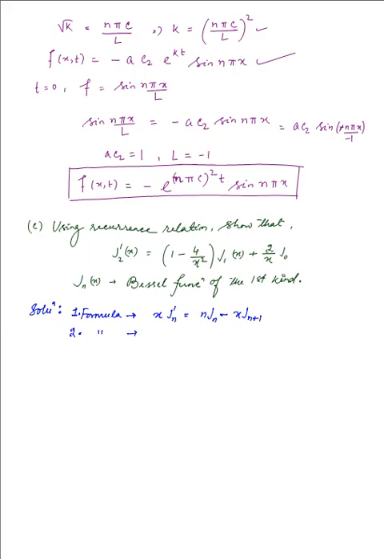Now the second formula involves the Bessel function in the form x Jn prime equal to minus n Jn plus x times J n minus 1. As you can see, these two formulas will be handy to obtain the result. We also have a third formula, 2 Jn prime equal to J n minus 1 minus J n plus 1.